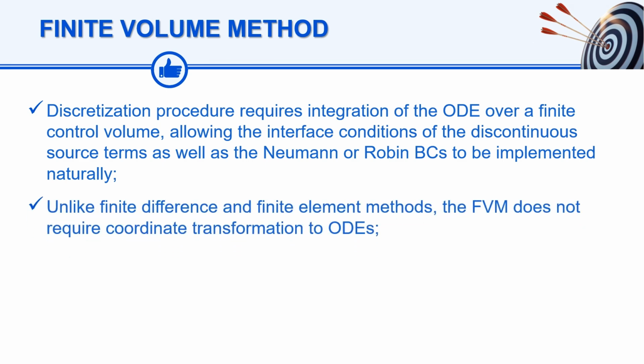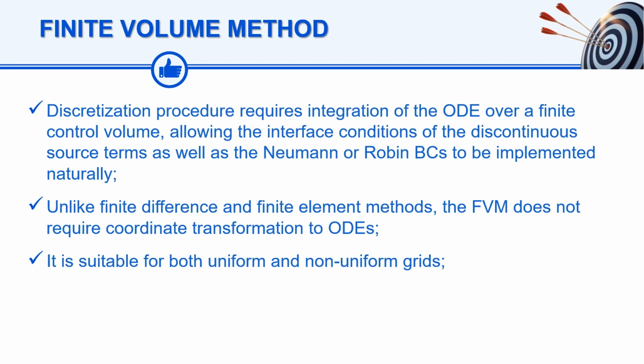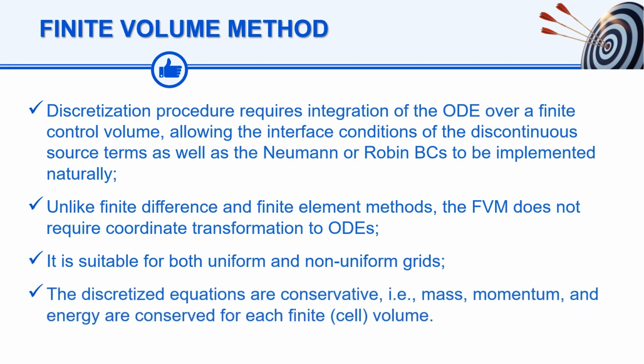Unlike finite difference and finite element methods, the finite volume method does not require coordinate transformation to ordinary differential equations. It is suitable for both uniform and non-uniform grids. The discretized equations are conservative, i.e., mass, momentum, and energy are conserved for each cell volume.